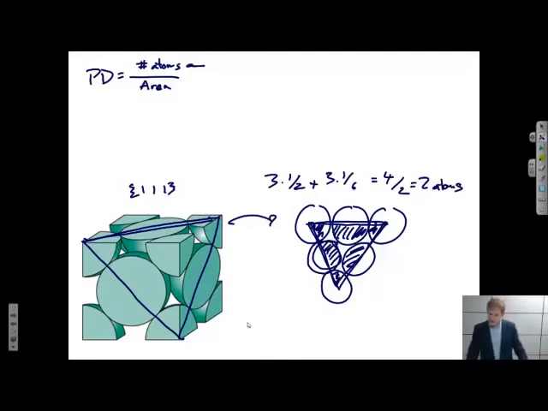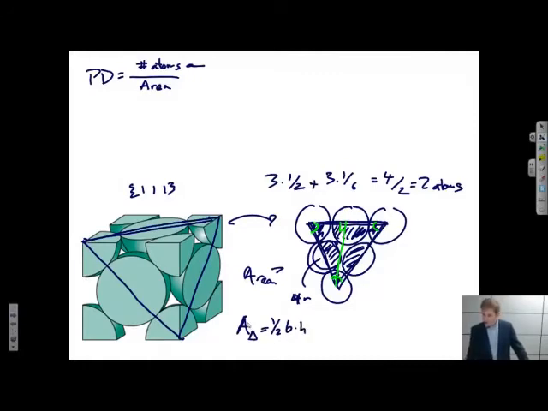Okay, what is the area of the triangle? So again, I know each of these lengths is 4r. It's a 60, 60, 60 triangle. So what I'm going to do is bisect that triangle. So now I have 2 triangles that are 30, 60, 90-degree triangles. And I did this because the area of a triangle equals 1/2 base times height.